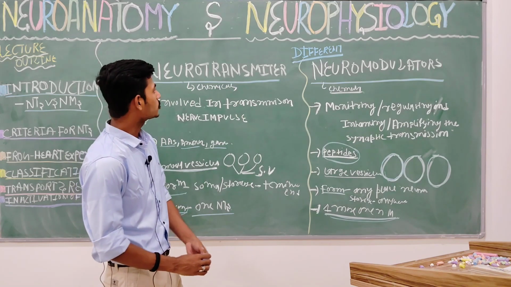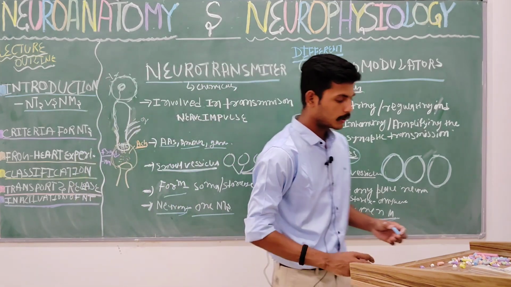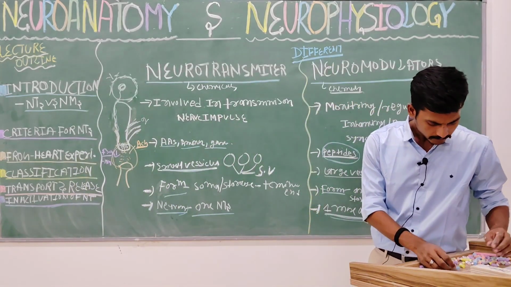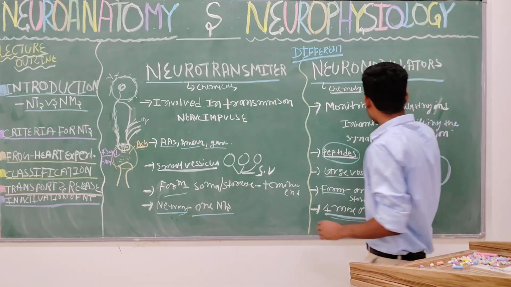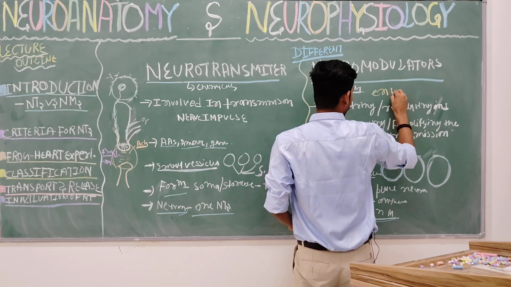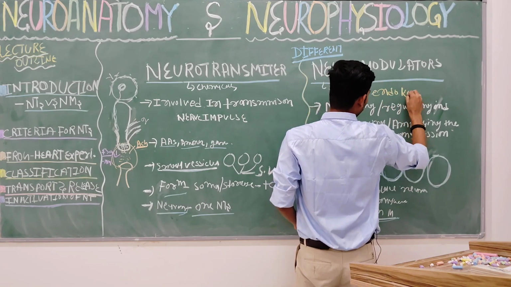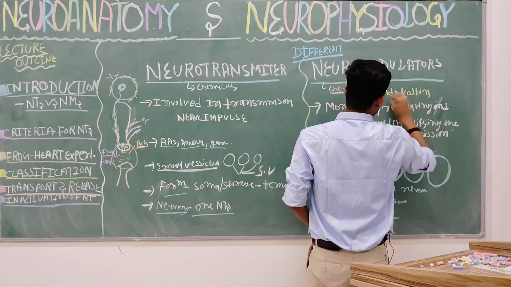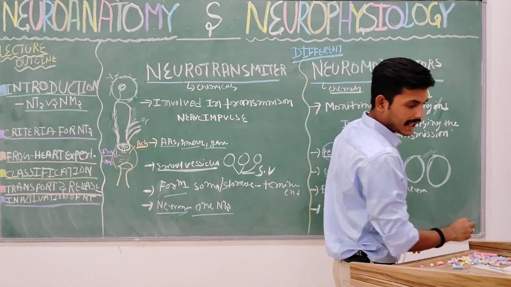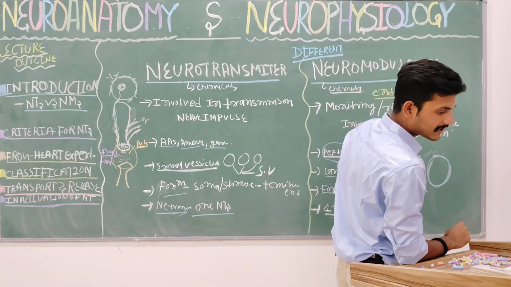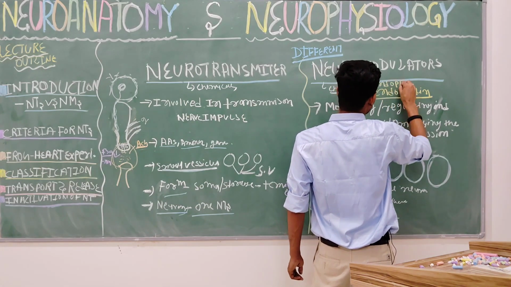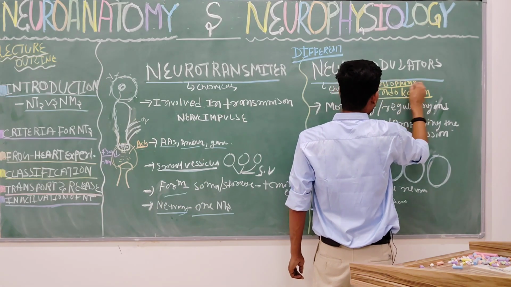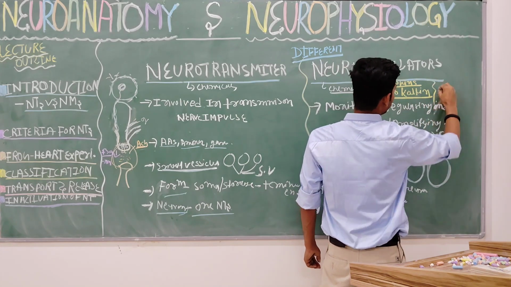Now, once you have understood neurotransmitters and neuromodulators, if you want examples of neuromodulators, just write down enkephalin as well as the endorphins. These are two kinds of opioids.